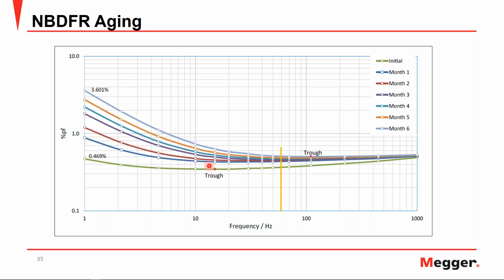Also, you can see the trough, or the low part of the curve, migrate towards higher frequencies as the aging takes place. So again, highlighting the advantages of narrowband DFR and the higher sensitivity at the low frequencies, as well as the broader picture rather than just looking at the one point here at line frequency.